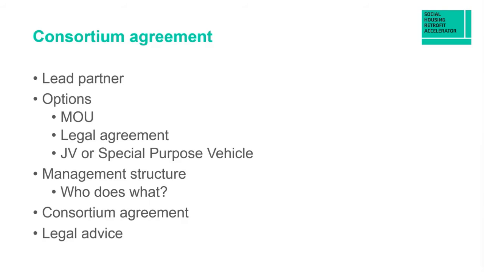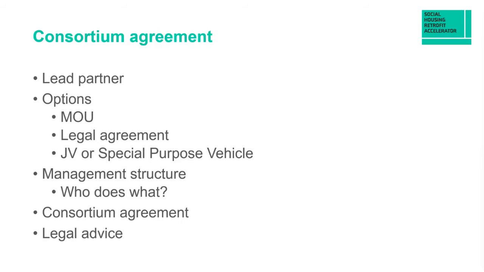But if something goes wrong, if a supplier goes bust, if a consortium partner has to drop out, something changes, the consortium agreement is a lifesaver because it explains what you are going to do in those circumstances. And we strongly recommend that you take legal advice, either internal or external to your organization, in setting up that consortium agreement. It is a vital piece of information.